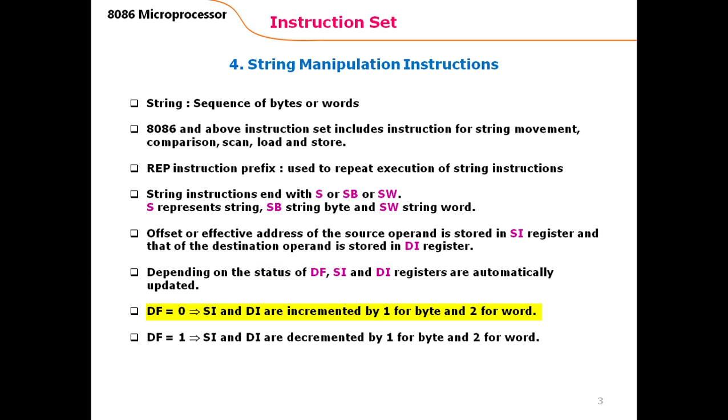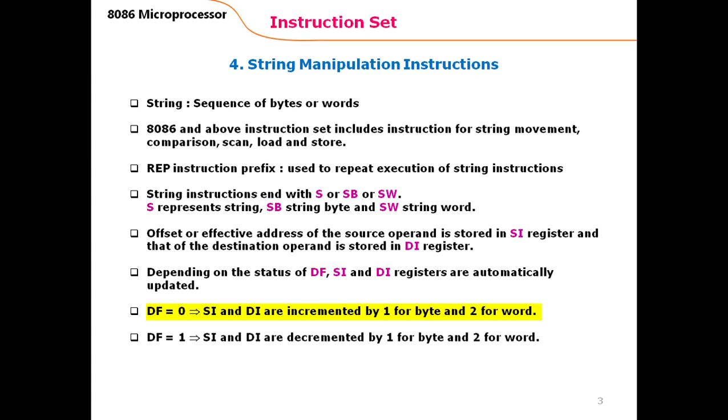There is a flag in the flags register of the microprocessor, the direction flag, represented with D or sometimes DF. The value of that direction flag determines if the source index or destination index would be incremented or decremented.